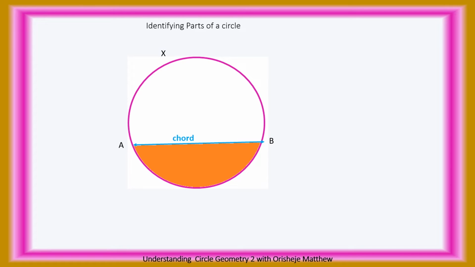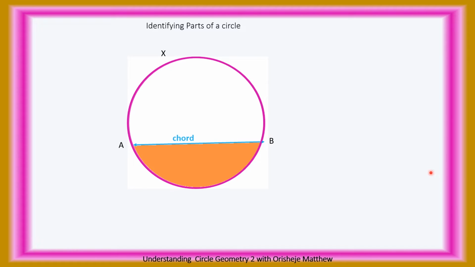So let's identify parts of the circle. When you are given a circle AXB, this is the circumference, then you have the chord connecting A to B, joining two points on the circumference, but it's not passing through the center of the circle.